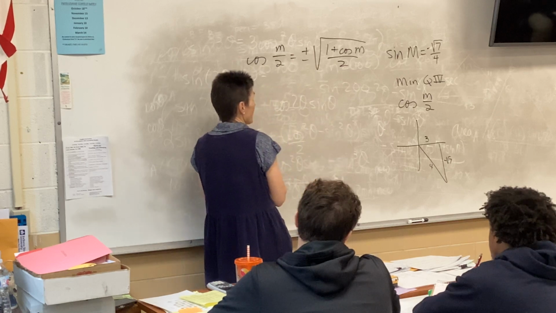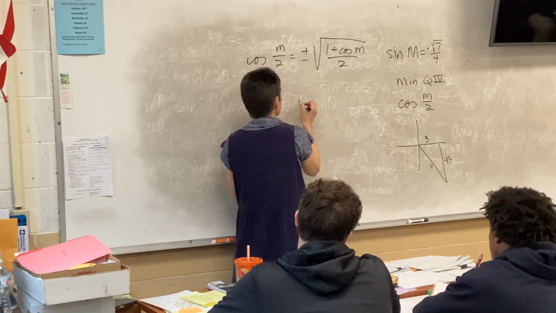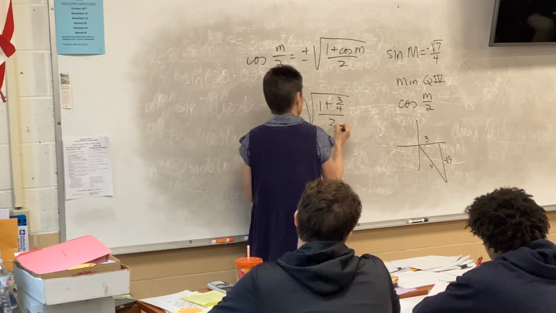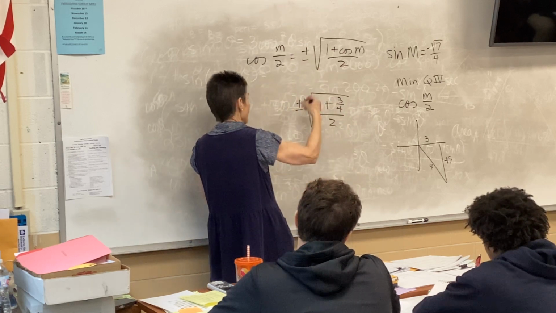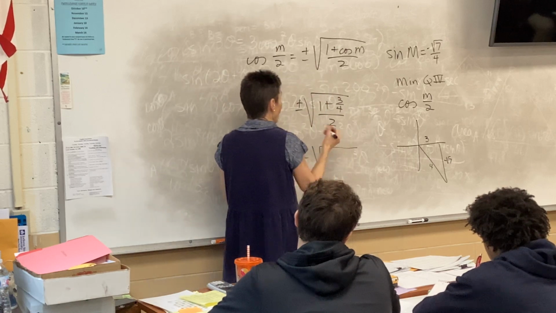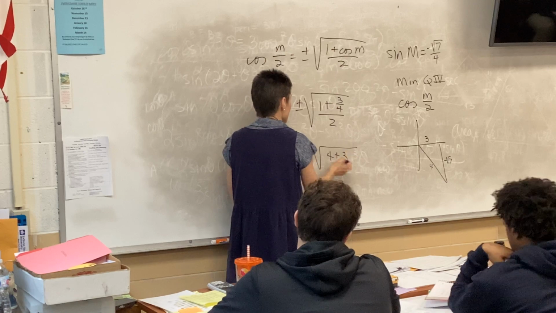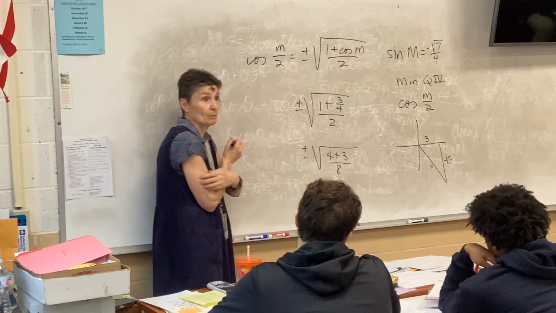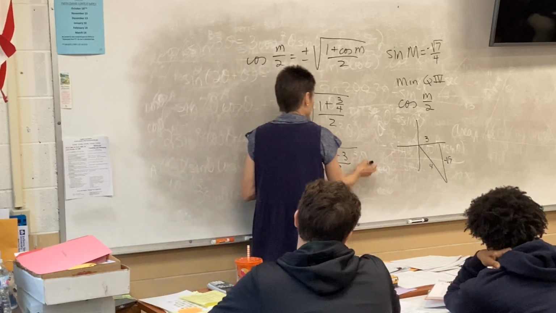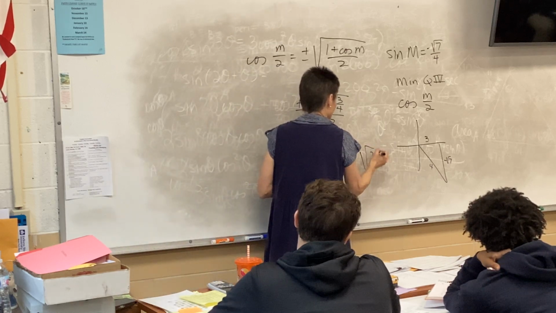Well, what's the cosine of m? 3/4. So I have 1 plus 3/4 over 2. Now, somehow you have to clean that up. I would multiply everything by 4. You don't necessarily have to do it that way, but that's how I would do it. So I end up with square root of 7/8.